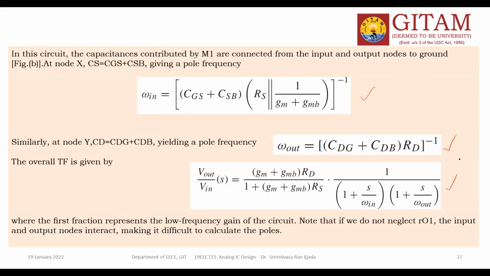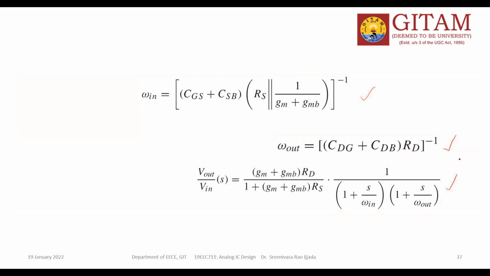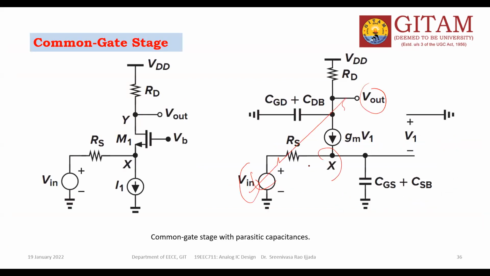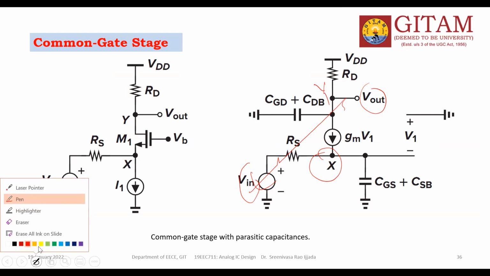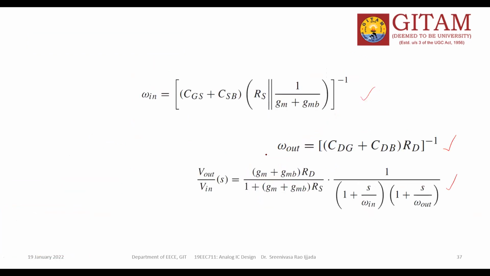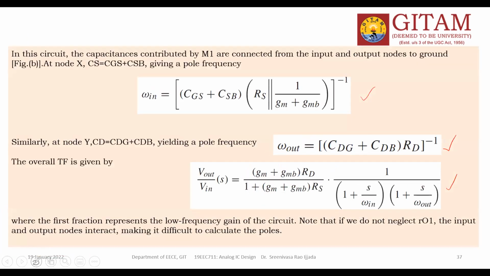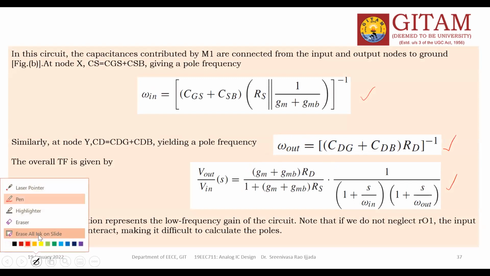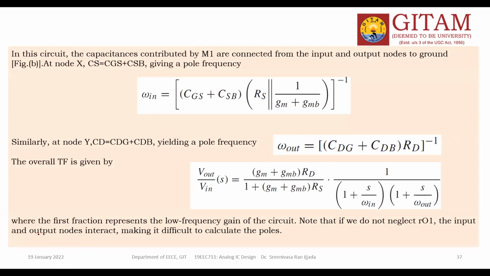Okay. So that means you can see one is X node, and one more is at Y node. Y node is nothing but this node. So the overall transfer function is this.